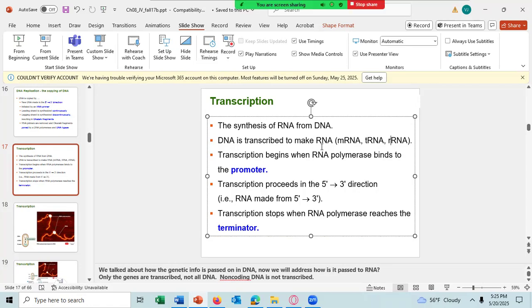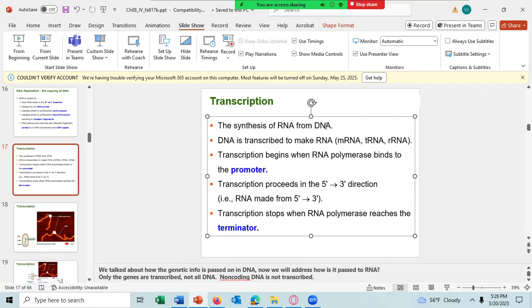The RNA polymerase does not need to know to make messenger RNA, tRNA, or rRNA because the RNA polymerase is reading the DNA, and if the DNA codes for a protein, it will make messenger RNA. But if the DNA codes for tRNA, the RNA polymerase will make tRNA.